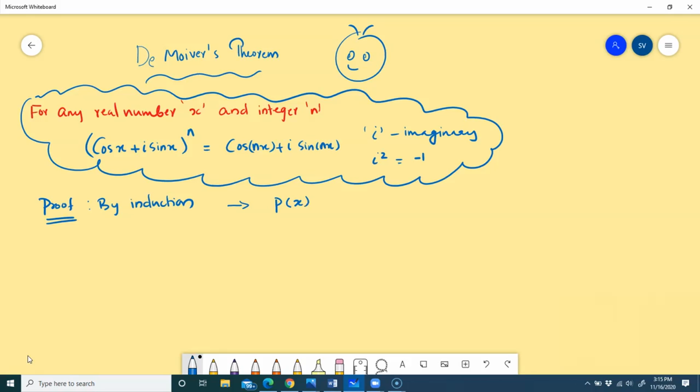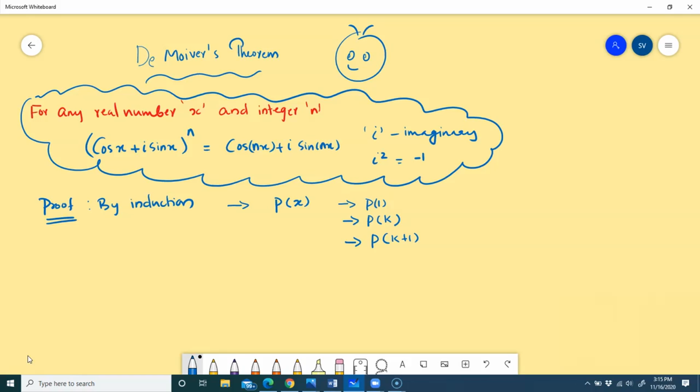First we prove the statement is true for P of 1, and then we assume it is true for P of k. This is the assumption, and then we prove it is true for P of k plus 1. This is the general method to prove a mathematical statement.